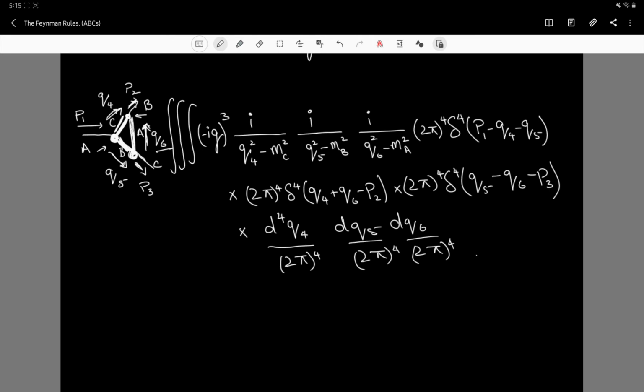Now let's simplify this integral to get a value for the scattering matrix M. How do you do that?